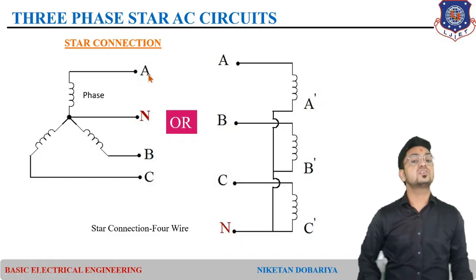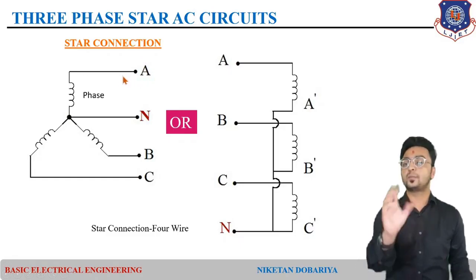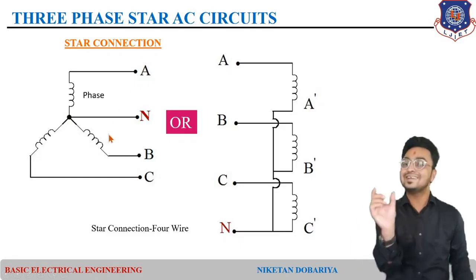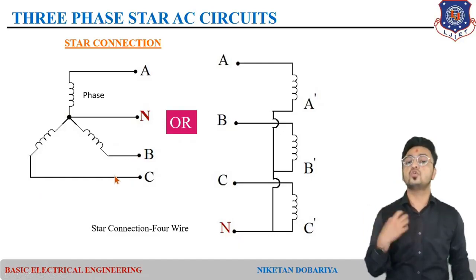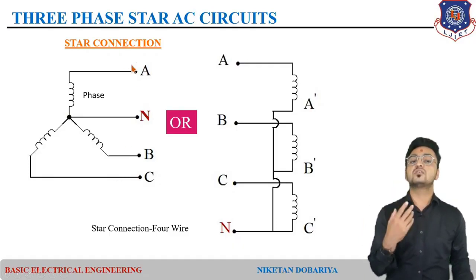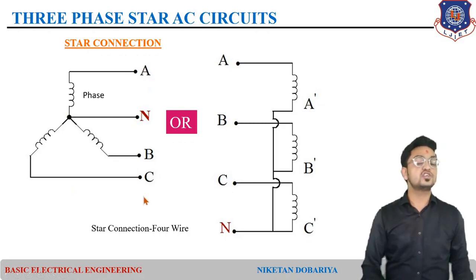That's why this wire is known as a supply line, or simply a line. In the same way, this wire connected with B is also known as a supply wire. If we measure current or voltage across these supply lines, meaning the A line, B line and the C line, that voltage or current with reference to those lines will be known as the line voltage.